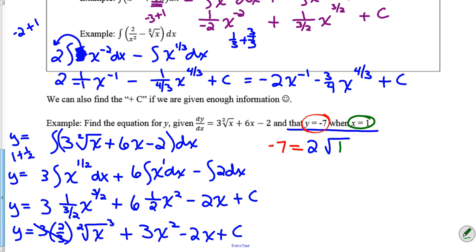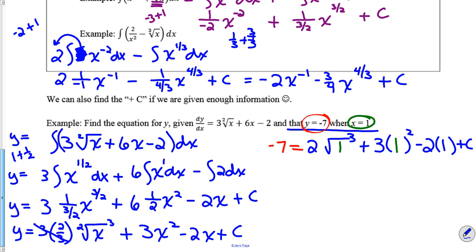My x is 1, and that is being cubed. And then plus 3 times 1 squared, and then minus 2 times 1, and then I have this plus c.